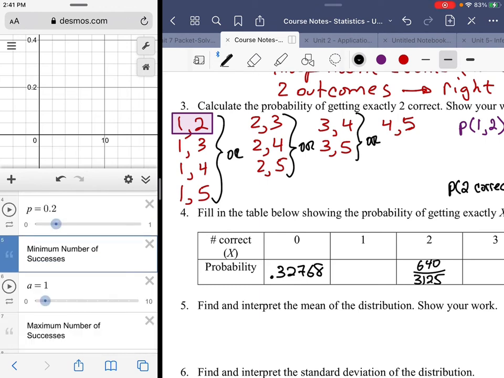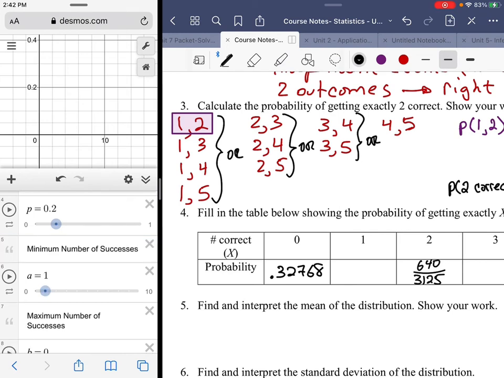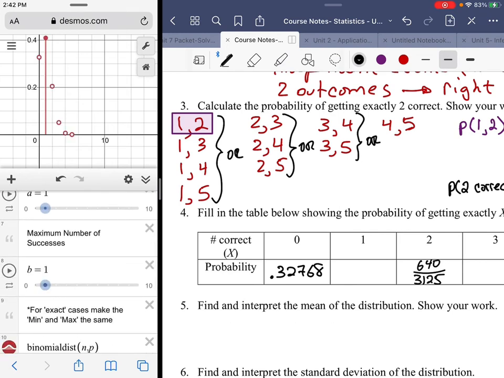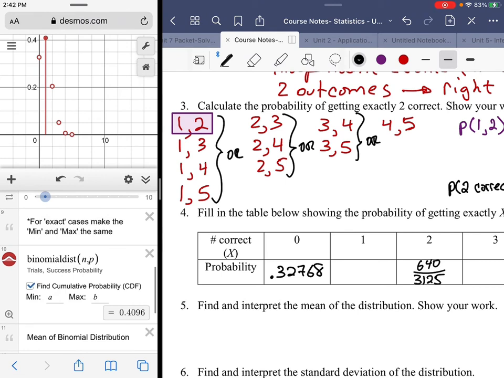You see those little white dots along the track? That's telling Desmos that we're skipping all of the decimal values in between. So, little tip. So 0.4096.